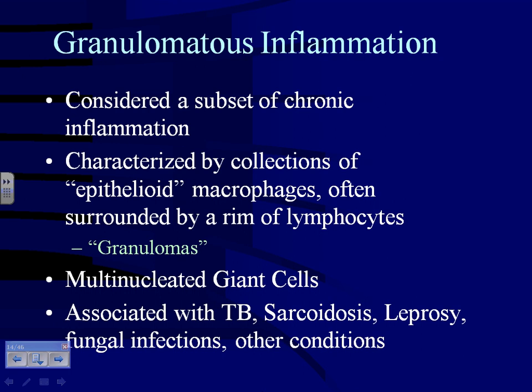These aggregates of macrophages tend to be associated with some lymphocytes that are often at the periphery, but scattered throughout. When you get these collections of macrophages and lymphocytes, that's referred to as a granuloma. That's what really defines a granuloma: epithelioid histiocytes with lymphocytes.